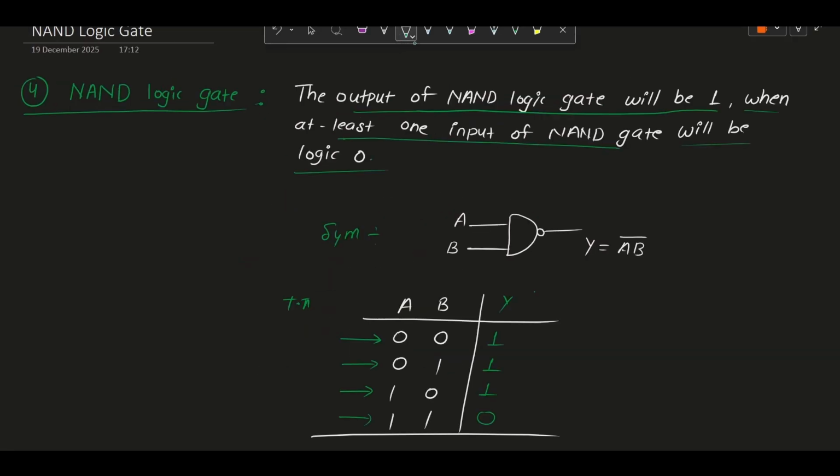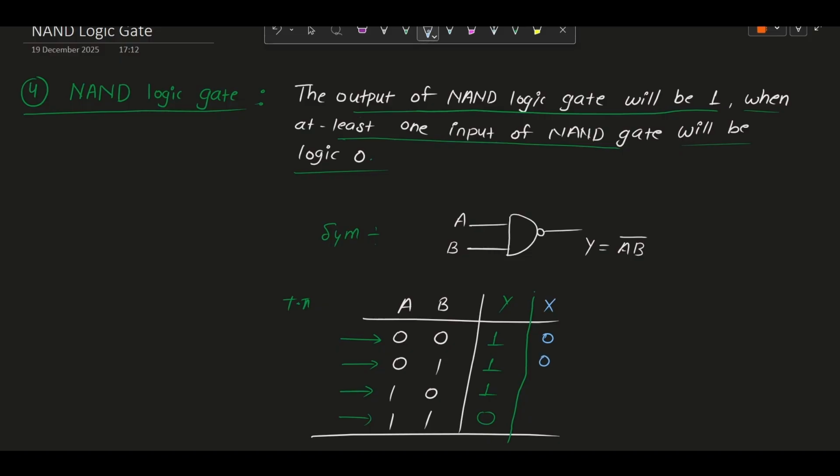I am writing the AND gate expression and output value in parallel to the NAND gate for comparison. Let's suppose I am taking the output expression as X of the AND gate. Then we know whenever any input of an AND gate is 0, then immediately the output of that AND gate is 0. So here both inputs are 0, then definitely the output will be 0. Here A input is 0, so the output will be 0.